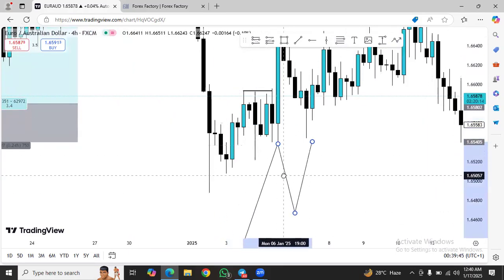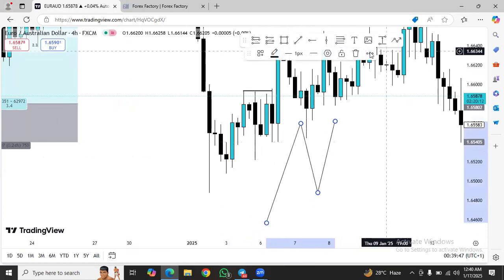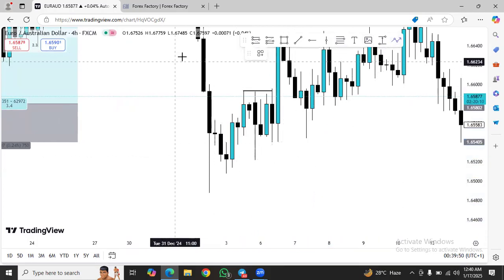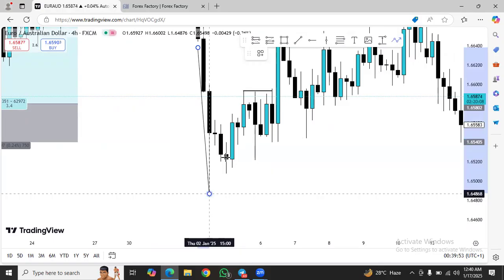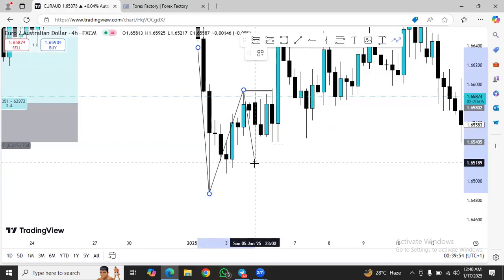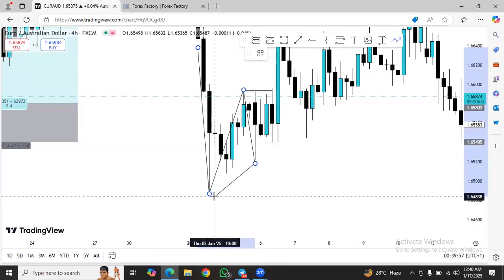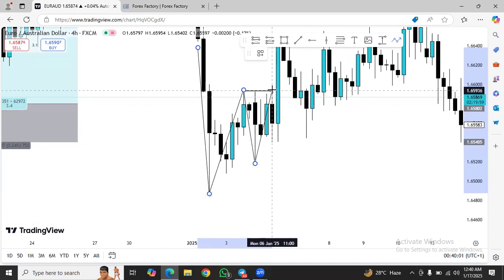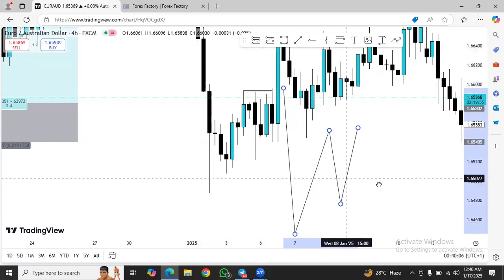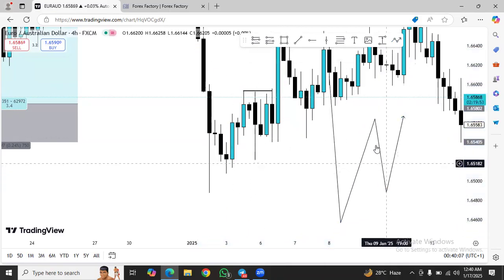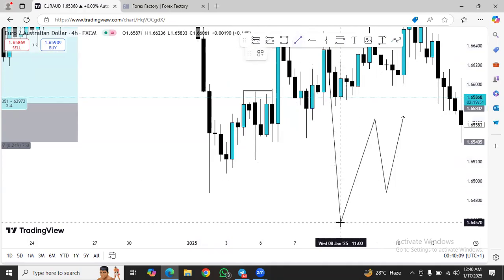Let me draw it this way. Price was selling, then we bought, then we sold, but it didn't come down to take out this low. Rather, it went higher. Look at that. So this is a shift in market structure.